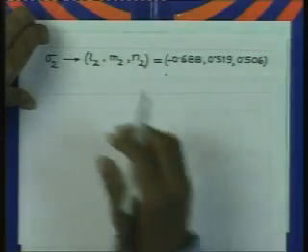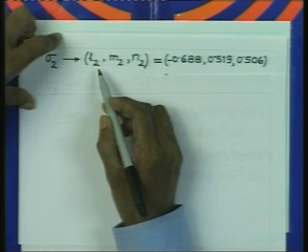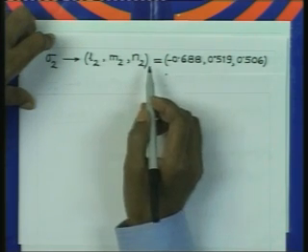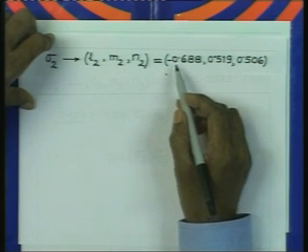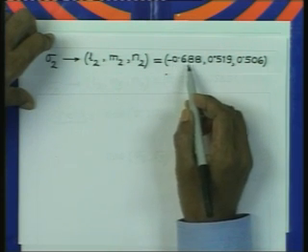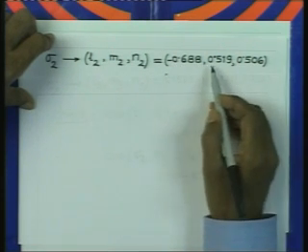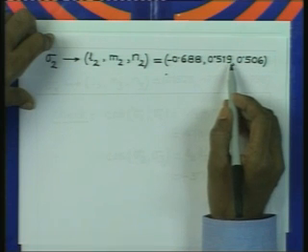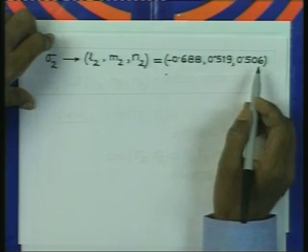Similarly, for the second principal stress sigma 2, if you go by the same procedure, you will find that the direction cosines L2, M2, N2 will come out as minus 0.688, 0.519, 0.506.